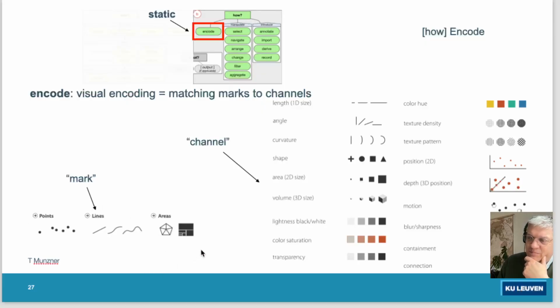And those can have different properties, which are the channels. They could have different lengths, different angles, different volumes. They can have motion, different color. Hue is color, and so on, right? So those are the channels. These are things used to add to these marks, okay?